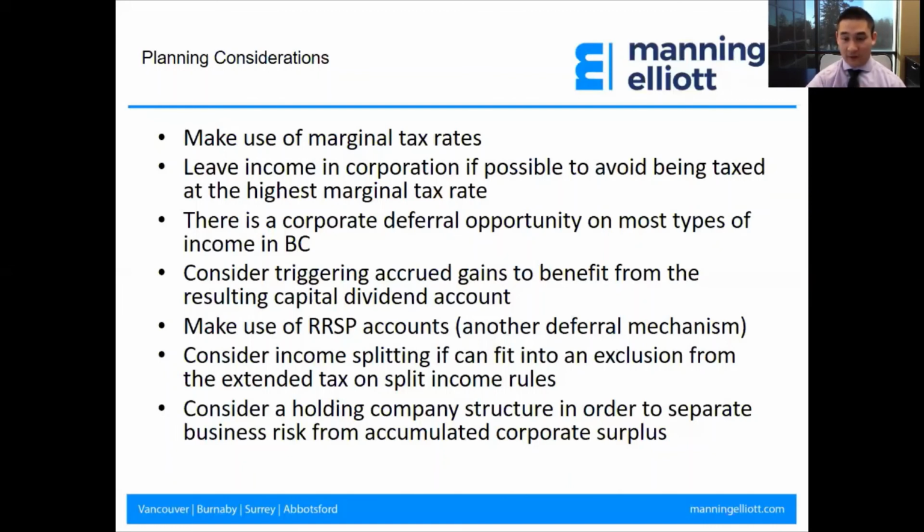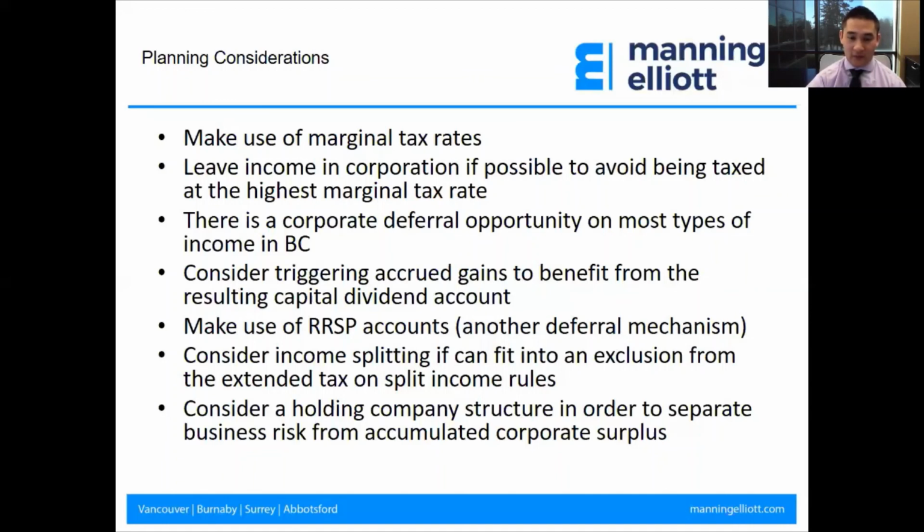But you can reach effective tax rates of anywhere between 26.75% and just over 30%, depending on which strategy you pursue. If you don't like leaving money in your operating company or your holding company, or you like to use your RRSP accounts, then you could make use of your RRSP account, which is another deferral mechanism.